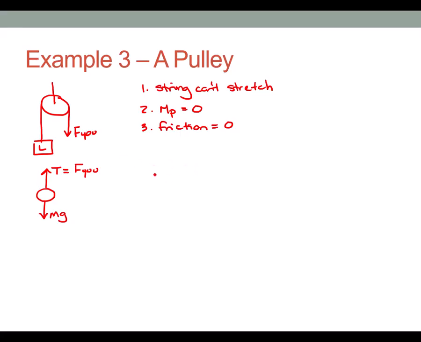So the ideal mechanical advantage is the force of the load divided by the force that you apply. Remember, that's the definition of mechanical advantage in this case. And in these ideal situations, the load is just going to be mg, and the force you apply will be this. And most likely, those are going to be 1 to 1, in which case your ideal mechanical advantage is going to be 1.